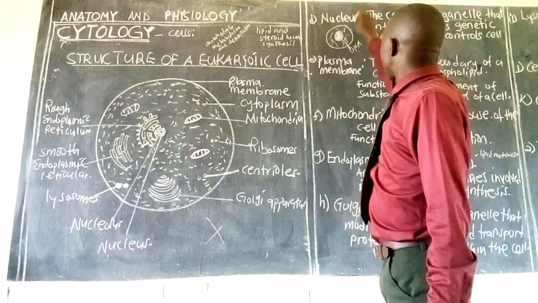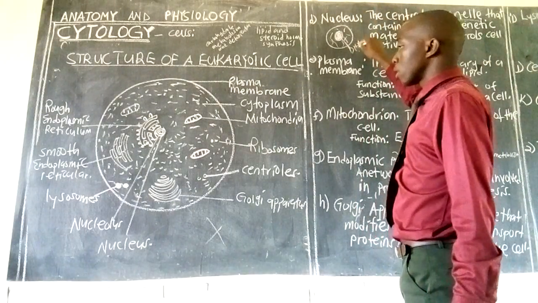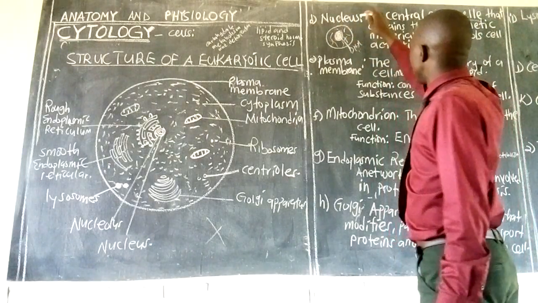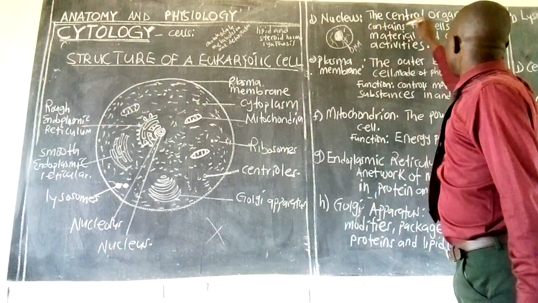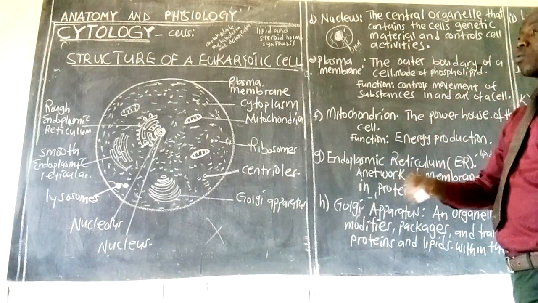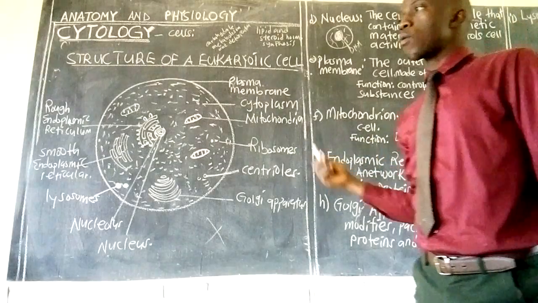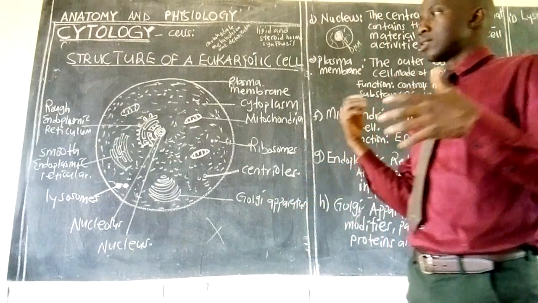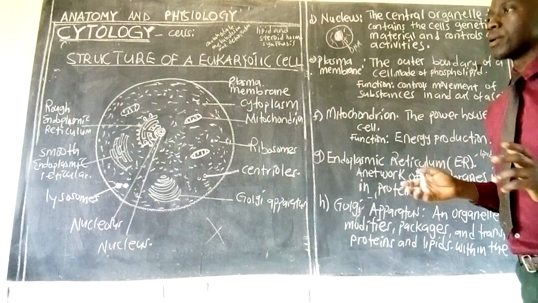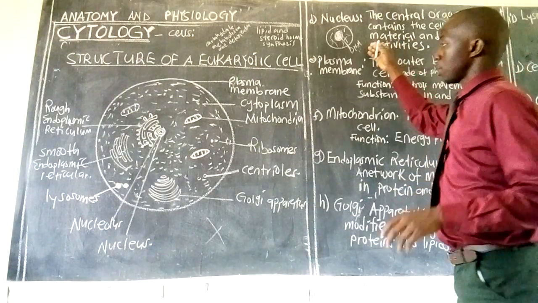That's why I was saying that the nucleus contains the genetic material of the cell and controls the cell activities. Meaning, once the cell nucleus is dead, the cell loses purpose. So that is the nucleus.